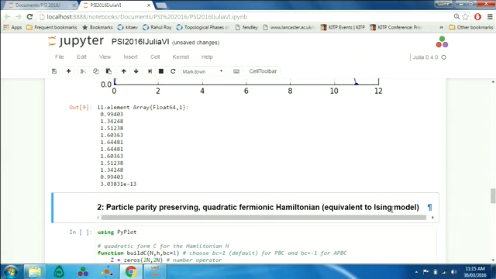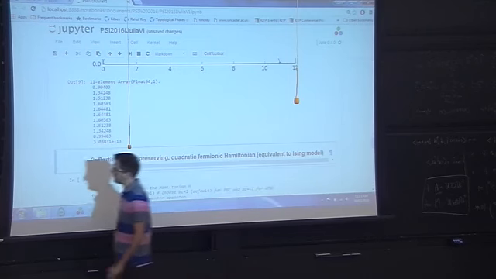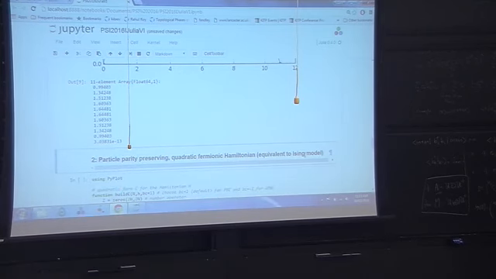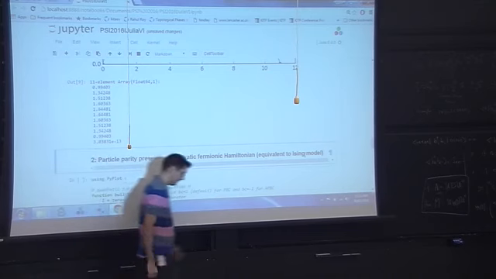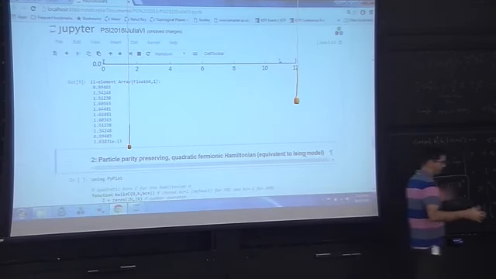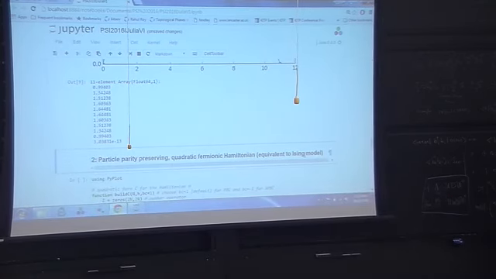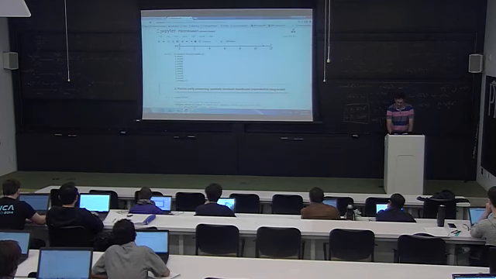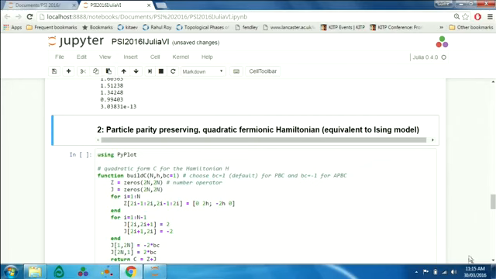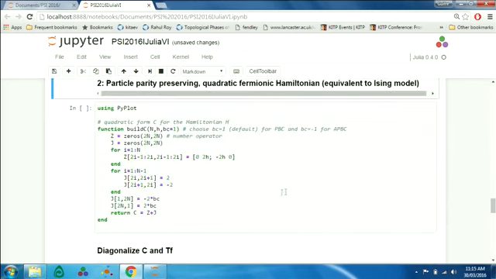And then we can also study systems which are quadratic in Majorana operators. It's a very similar formalism, but instead of n times n matrices, it's 2n times 2n. This would be, for instance, for a Hamiltonian which is equivalent to the Ising model that we saw last week.